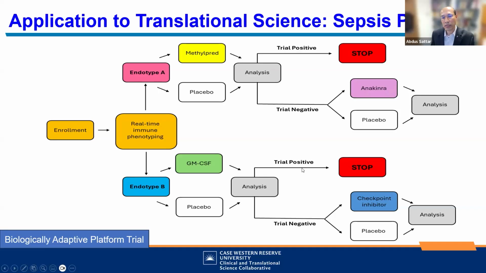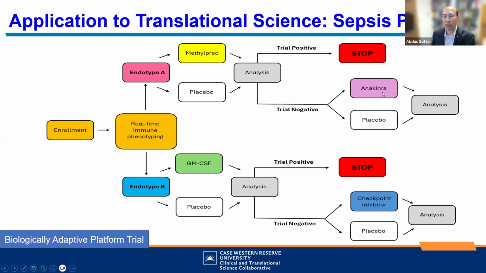After the interim analysis, again, if it is positive, then we will stop and recommend GM-CSF for routine use. If it is negative, and we find that GM-CSF is not effective, then we will continue and look for other drugs.